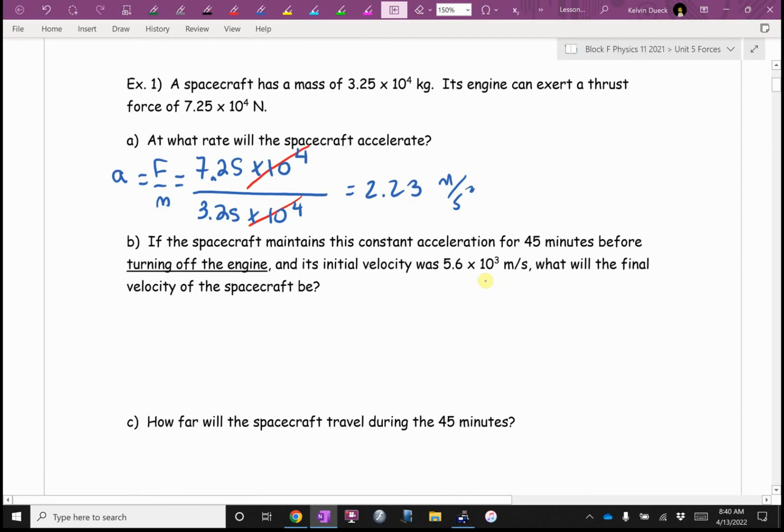So, suppose the spacecraft maintains this constant acceleration for 45 minutes. First thing I did is I crossed out 45 minutes. What am I going to do with that? Okay, how do I convert minutes to seconds?